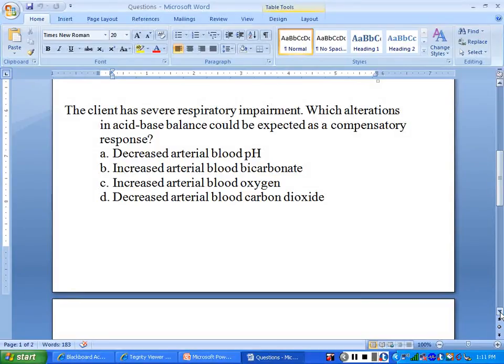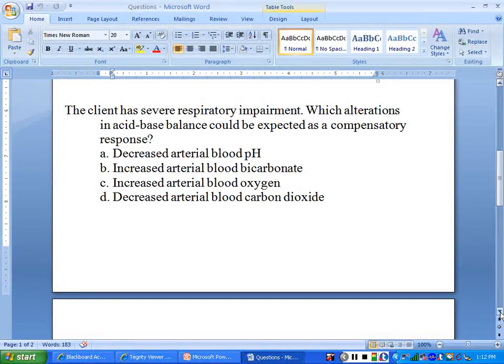Now, this person has a severe respiratory impairment. If I have a severe respiratory impairment, something's going to be wrong with my breathing, right? So we know carbon dioxide is our problem, then, right? Is it an acid or a base?